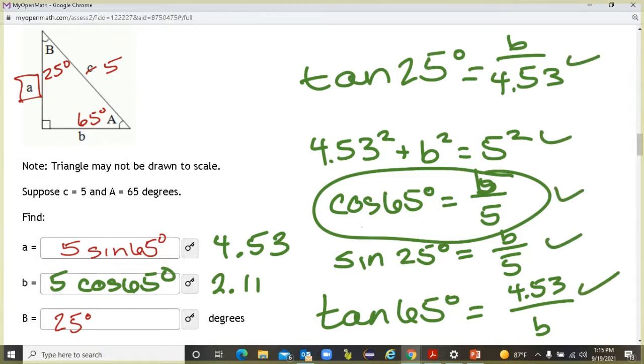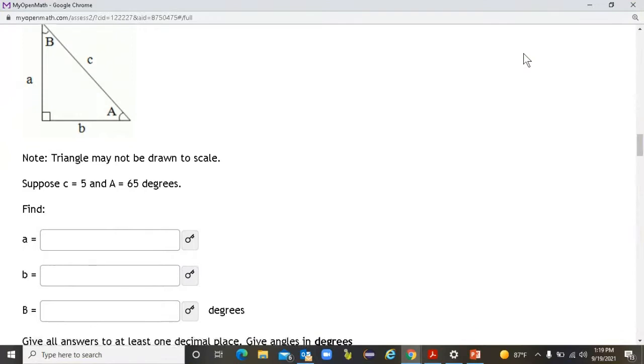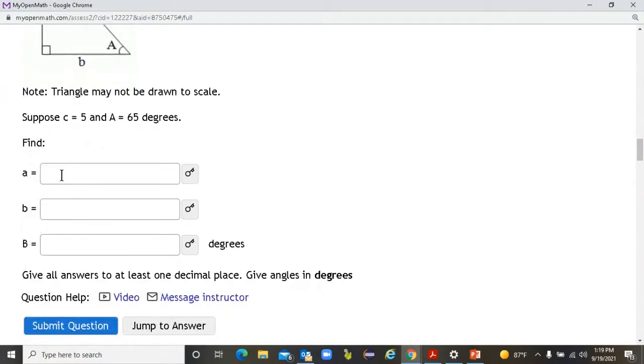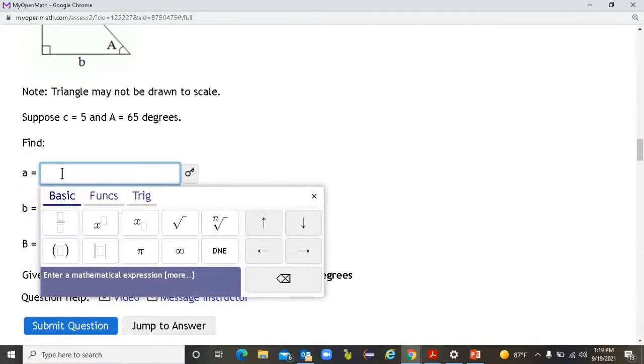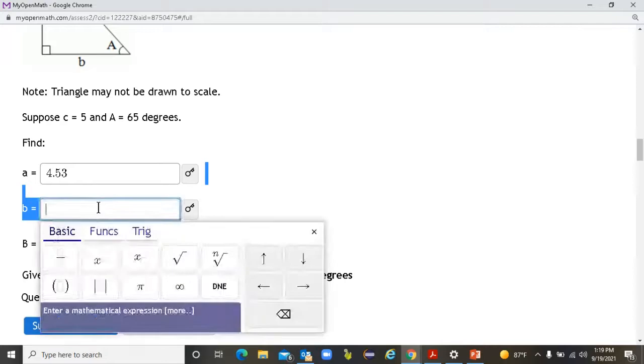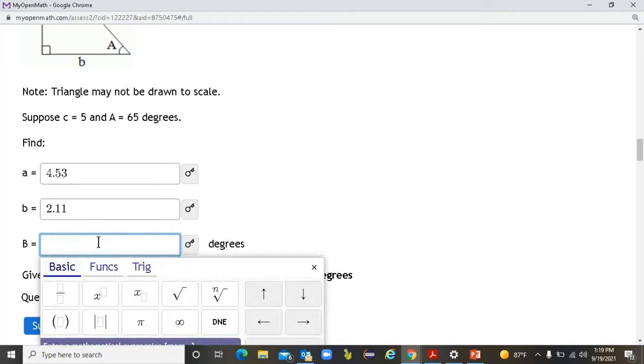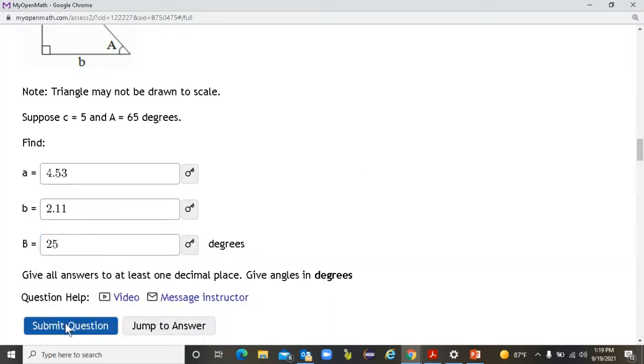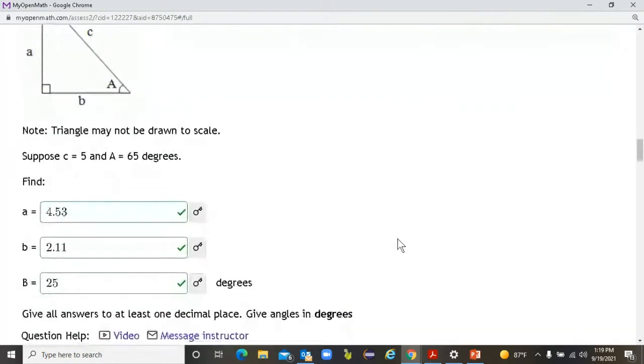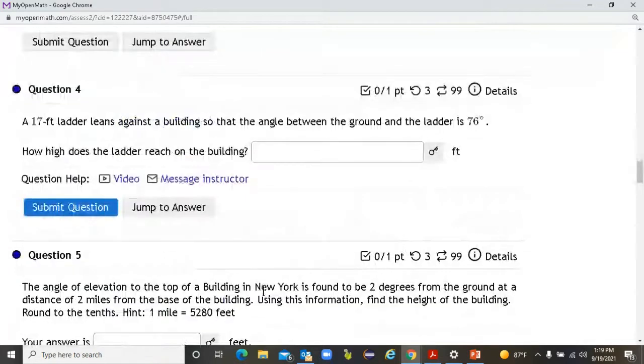Okay, so let's put these answers in and hope that I had the right decimals here. It says at least one. So A, I believe, was 4.53. B was 2.11. And this B, that's for the angle, that was 25 degrees. Yay.